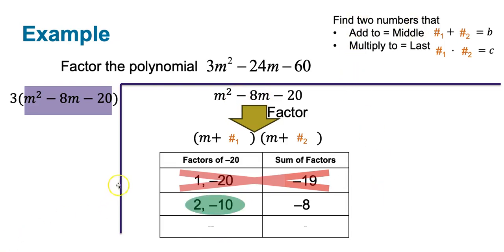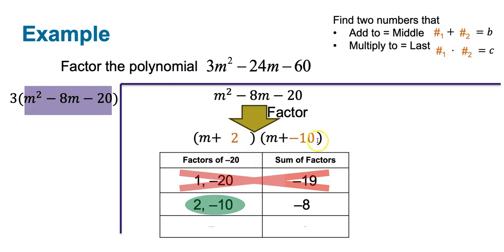I want to point out there are more factors of negative 20. However, they would not satisfy the second condition. There's only one set of numbers that will satisfy both conditions. That is, factorizations are unique. Once you've found the pair of numbers that work, you can stop.